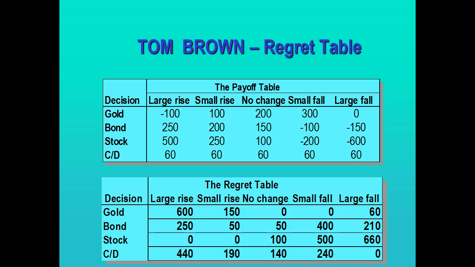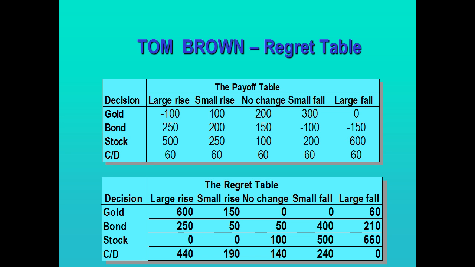So we look at every state of nature first. We find the best decision, and that gets us 0. Regret is always positive, because it's all predicated on no regret and then more. If we look at small rise, the best possible decision is the stock. It gets to 0. Now everything is predicated off that 250.